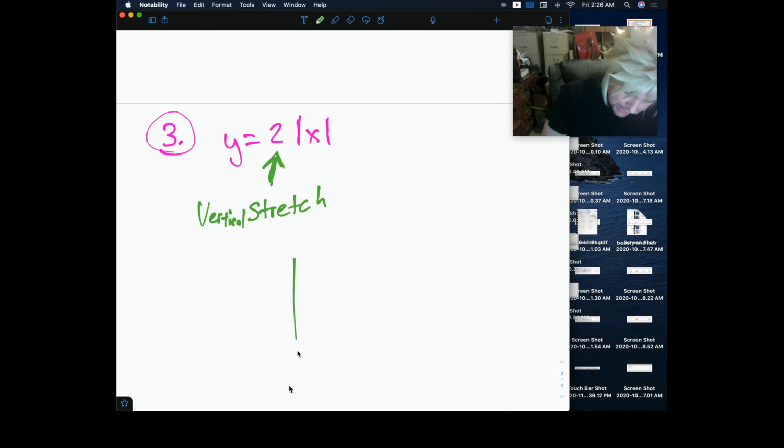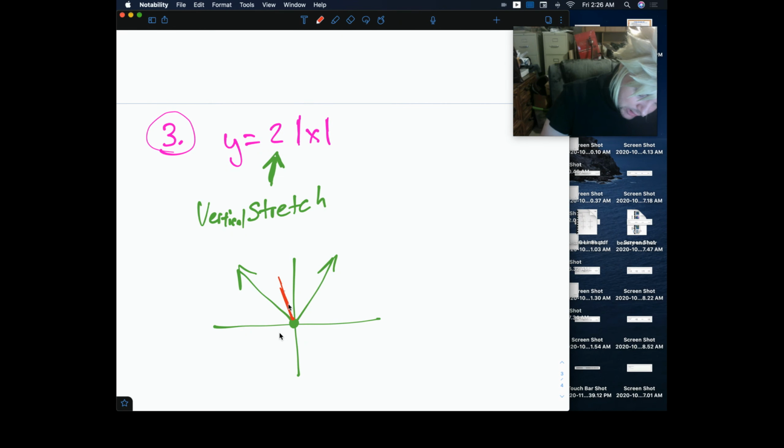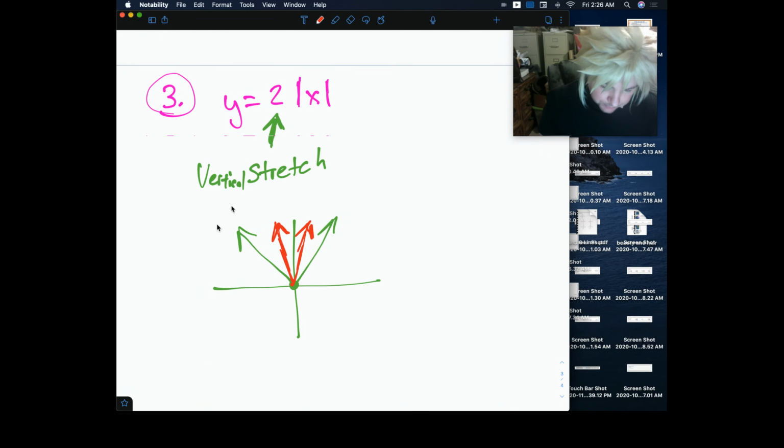And so what's going to happen is, remember the absolute value looks like a V, if it's a stretch, it's going to hug more the y-axis. Okay? And as such, we now know what it is, and since we got it right, we got to cue up some victory music. So let's play it.